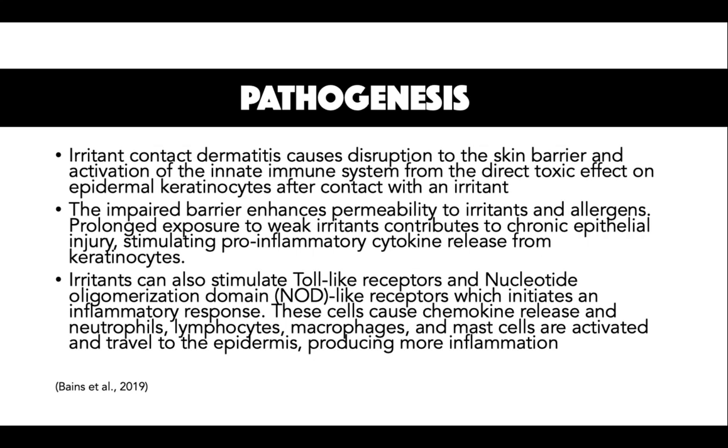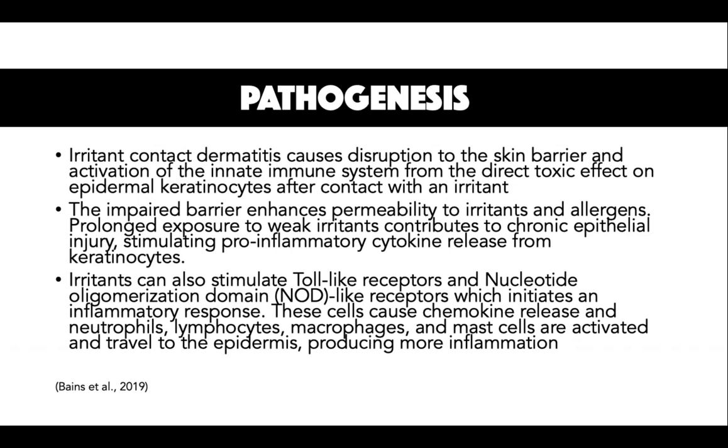Prolonged exposure to weak irritants contributes to chronic epithelial injury, stimulating pro-inflammatory cytokine release from keratinocytes such as interleukin 1A, interleukin 1B, tumor necrosis factor A, etc. This causes dendritic cells, Langerhans cells, and endothelial cells to be activated by cytokines.